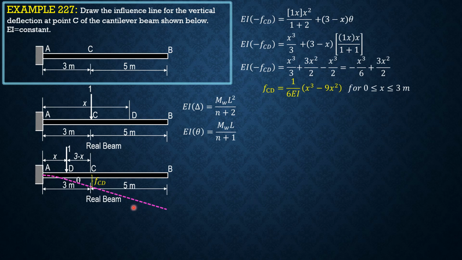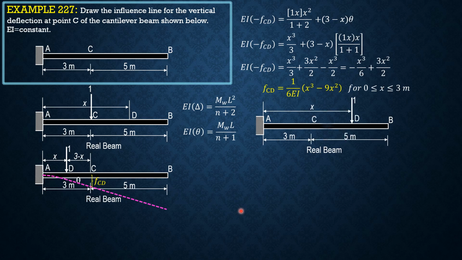Now how about for the case where x is from 3 meters to 8 meters? So the arbitrary point D is now here. Then imagine that we apply one axiom of statics. So we add two forces in equilibrium.